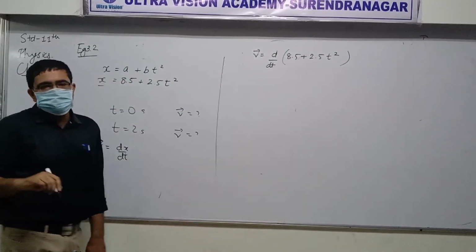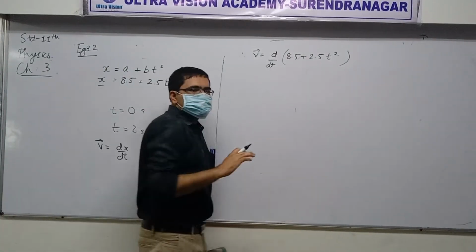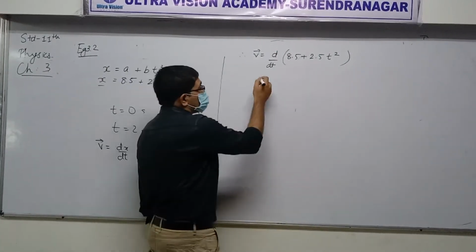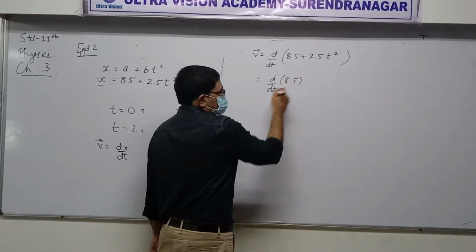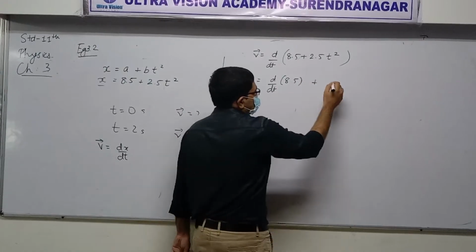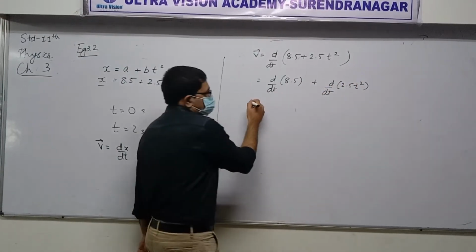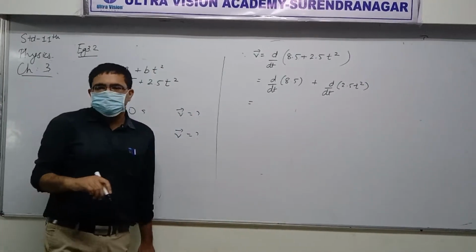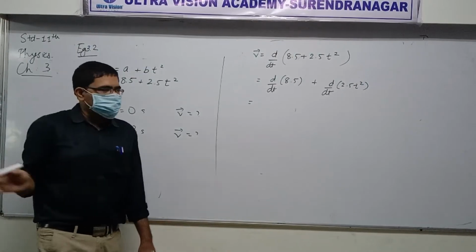Okay or not okay? So first of all, we see that there is addition here. Correct or not? Yes. So we use which rule? Addition or subtraction rule. Okay, so d by dt of 8.5 plus d by dt of 2.5 into t square. Got it? Yes or no? Yes. Sure? Yes. Okay, Mantra, what will be our next step?